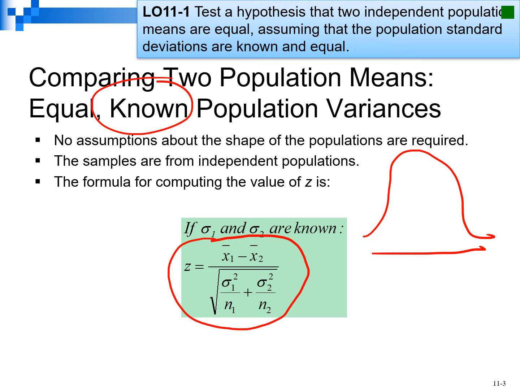But notice the formula. You take x bar 1 minus x bar 2, so you're basically taking the sample means from the two populations. And then look at your denominator: you've got sigma 1 squared divided by the sample size n1, plus sigma 2 squared over the sample size n2, all under a square root. Once you get your z-value, at that point, everything else is literally going to be the same for this sigma known scenario.